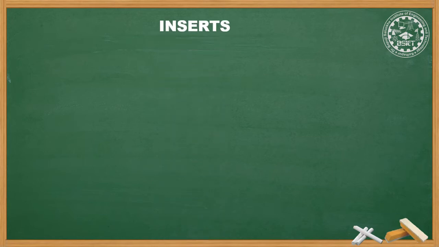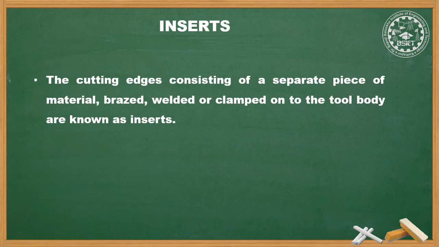Okay, inserts are nothing but the cutting edges consisting of separate piece of material that is brazed or welded or clamped onto the tool body, so that we can change it, replace it, or throw it after it wears out.